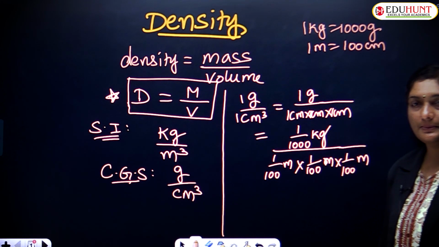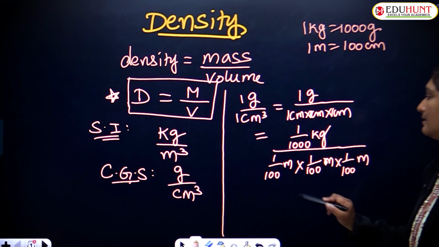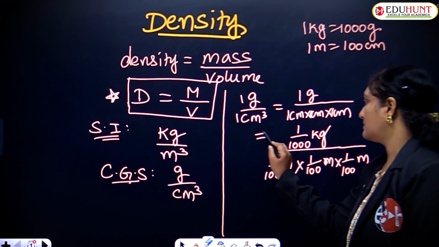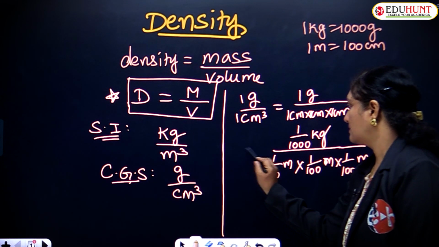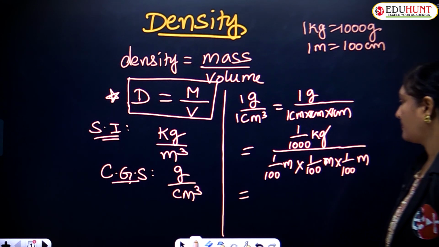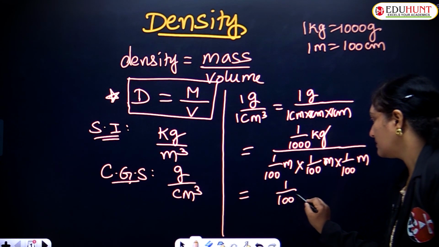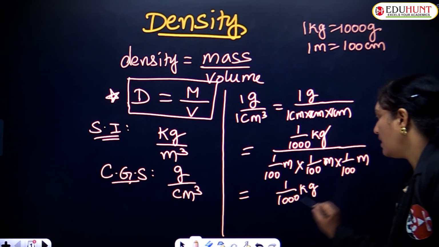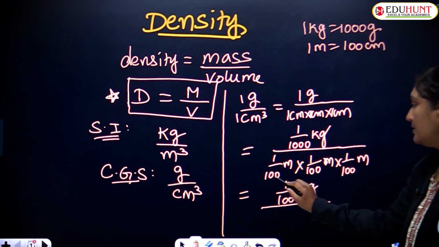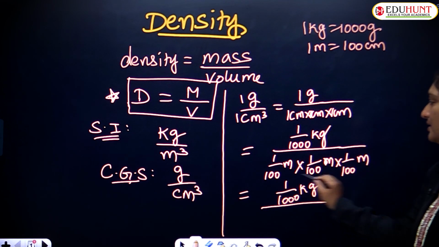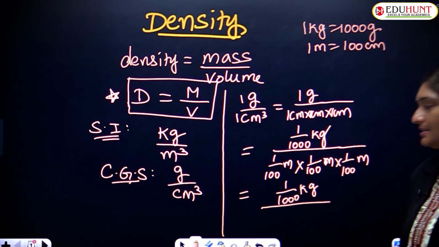Are you getting me, children? So, here this can be written as 1 by 1000 kg whole upon 2 zeros, 2 zeros, 2 zeros. Totally how many zeros, children? 6 zeros.